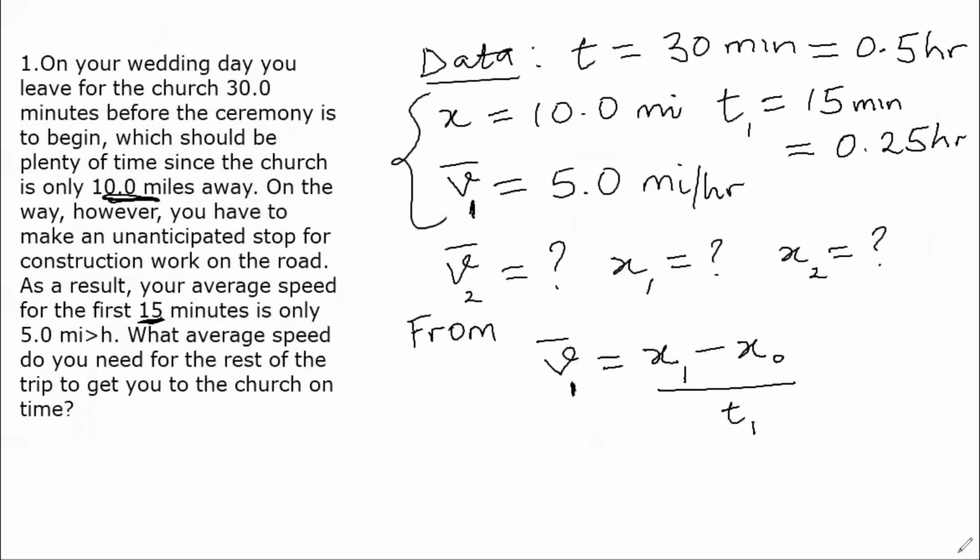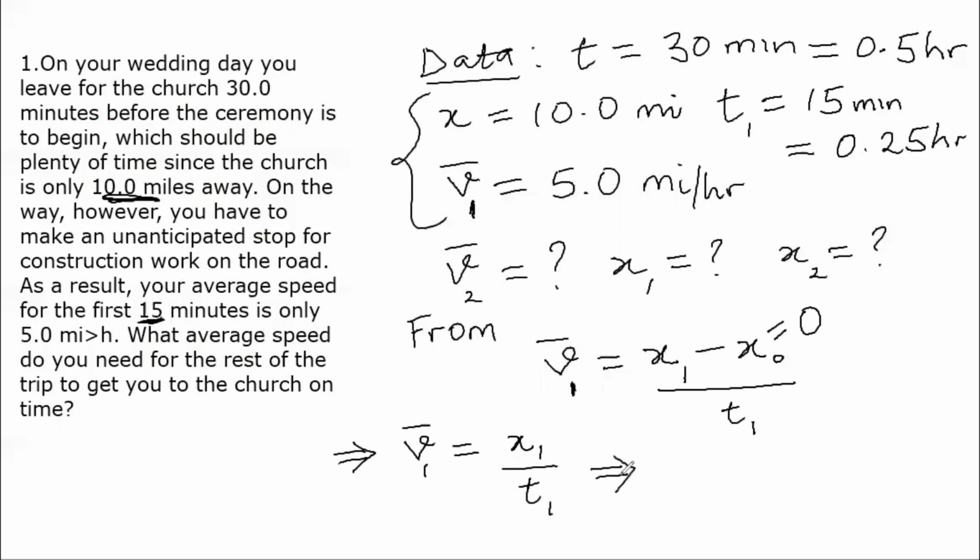As usual, let us try to substitute the zeros into this equation. You know that x0 is equal to 0 because we have assumed that the home is coinciding with the origin. So from there, the average velocity for the first part will be equal to x1, which is the displacement covered, over t1.